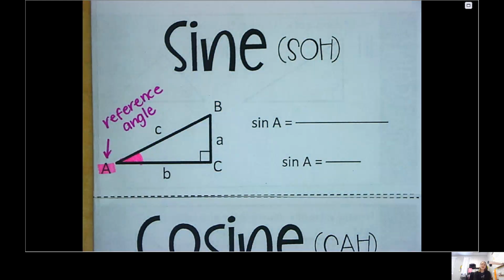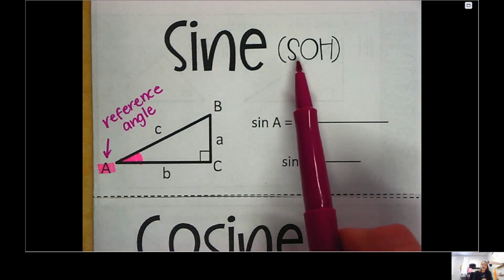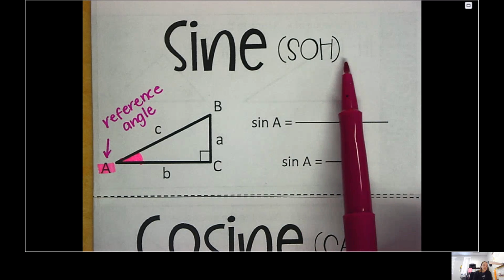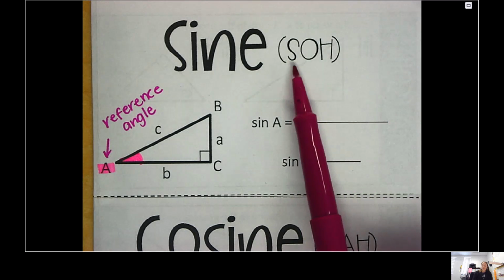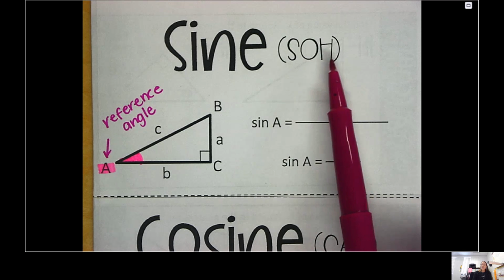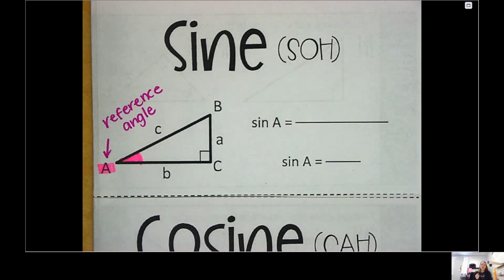So the sine ratio, there's a little saying we use, it's called SOHCAHTOA. The SO stands for sine is the opposite side over the hypotenuse. Now, if you're looking at this triangle, the hypotenuse is always the longest side, and it's always across from the 90-degree angle.